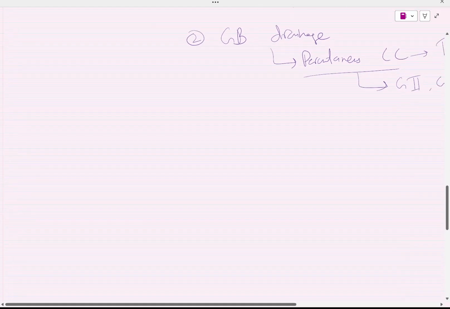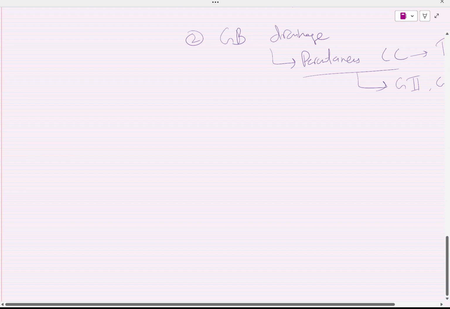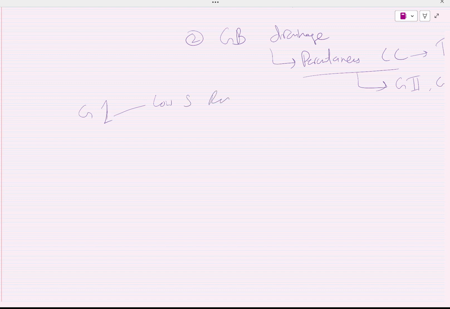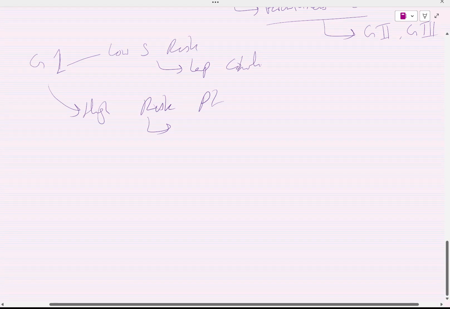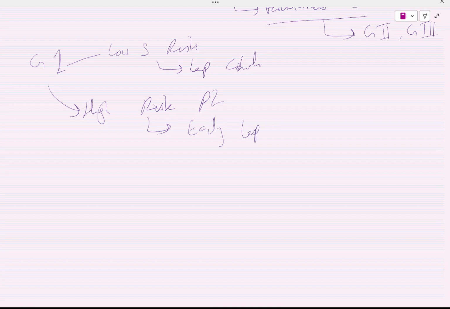And if a patient is a high surgical risk patient, you are going to perform early laparoscopic cholecystectomy plus you will give postoperative antibiotics, but you will discontinue antibiotics after 24 hours of surgery.